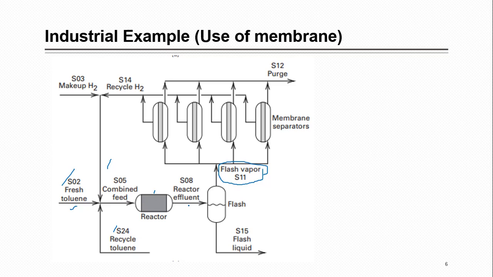Your reactor effluent is the same stuff which you know: there will be hydrogen, methane, ethane, benzene, toluene and xylene. Then, as we said, you have to reduce the temperature, cool them down, and overall flashing takes place inside this vessel, their separation takes place.